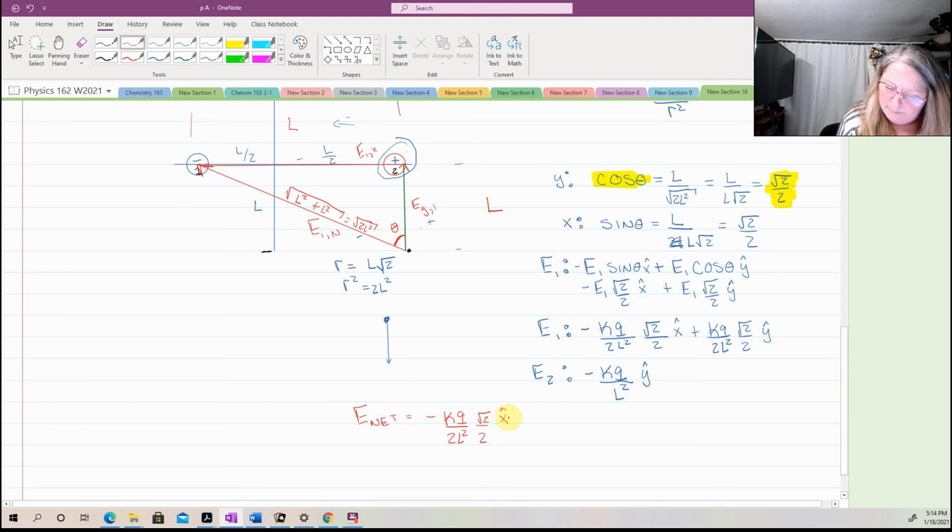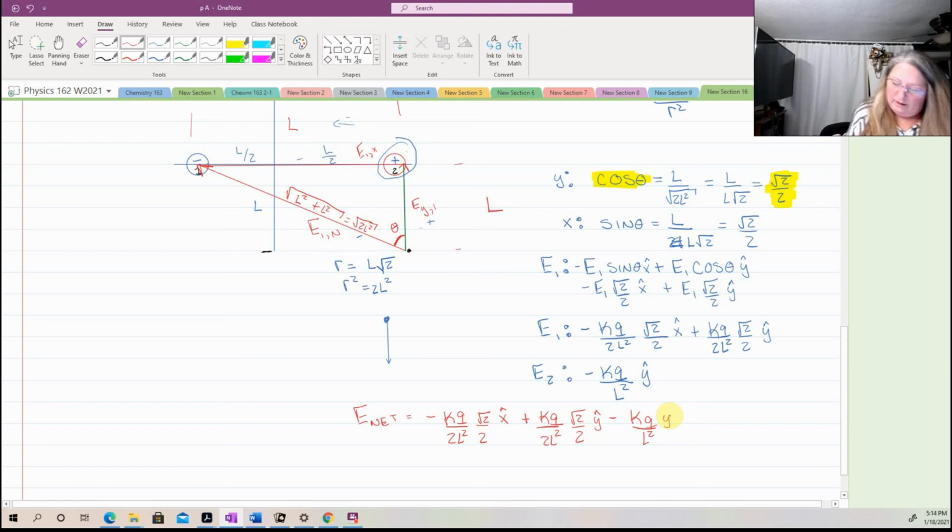That's what's happening with my y hat. Then I'm going to have this plus kq over 2L squared, root 2 over 2, y hat, minus kq over L squared y hat.